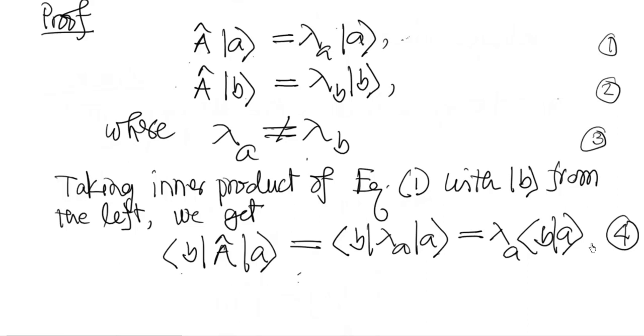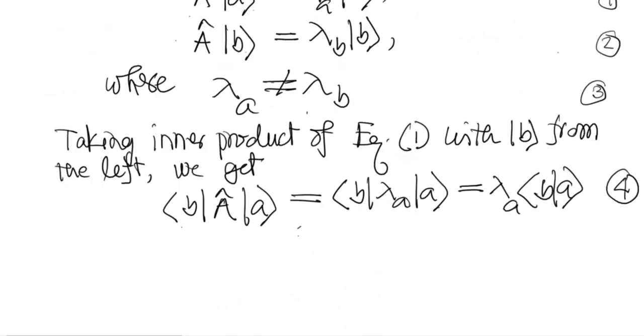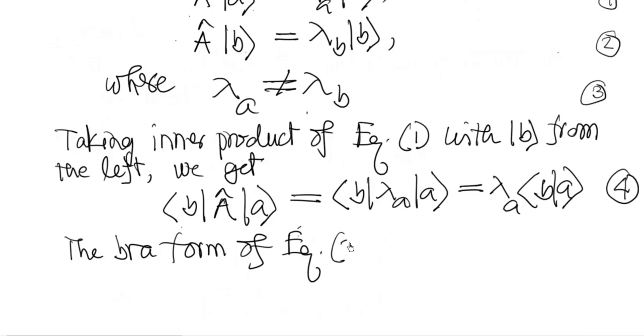We take the dagger of equation 2, so the bra form of equation 2 is, so we'll have to take dagger on both sides.